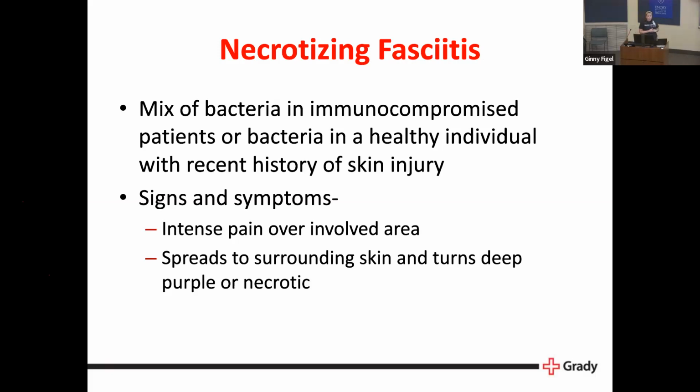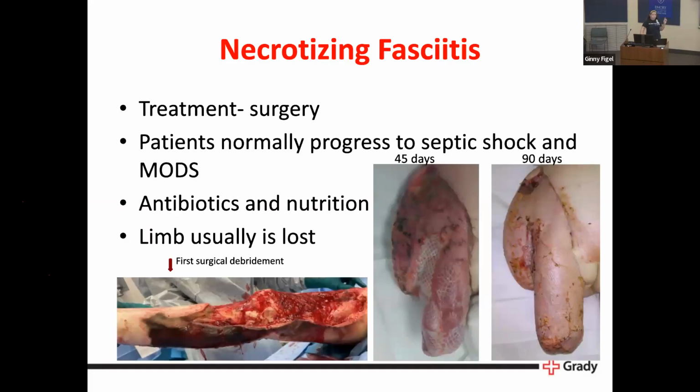But then also you have your, like I've got some pictures on the next slide. This is a woman that is young and fell intoxicated and got a skin injury that resulted in necrotizing fasciitis of her right leg. So she came to us from an outside hospital.